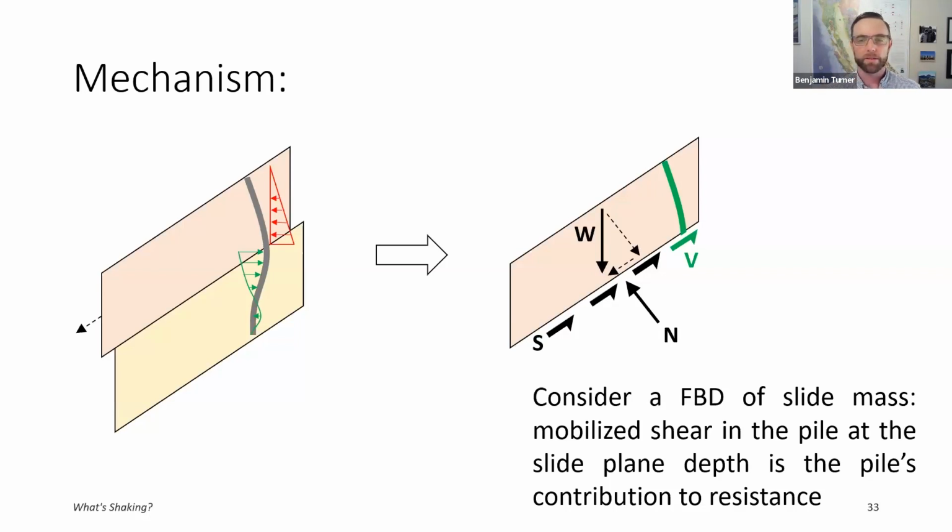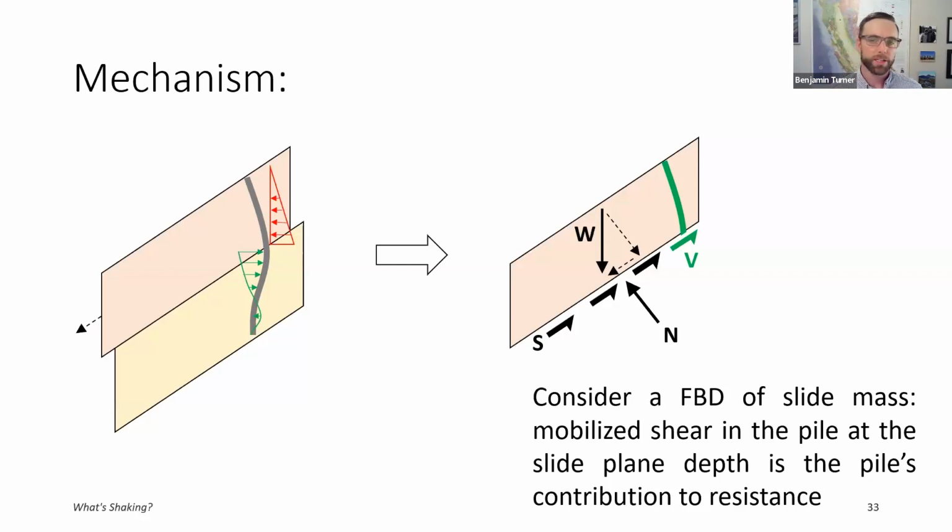Our pile passing through the slide mass also gets cut at the slide plane. So it's evident from this diagram that the internal shear force in the pile, the mobilized shear force, is the pile's contribution to resistance against sliding of this free body. There would also be a moment there where we make this cut, although I'm not focusing on that today. That's also a part of the statics of this problem.